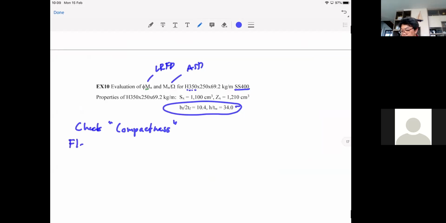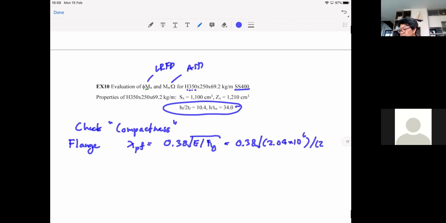For the flange, your lambda F of the flange is 0.38 square root E over Fy. Okay, so that becomes 0.38 square root of say 2.04 multiplied by a million divided by Fy is 2500.